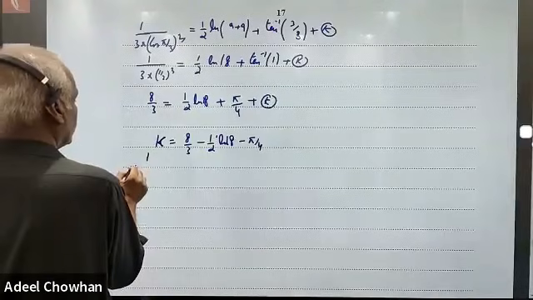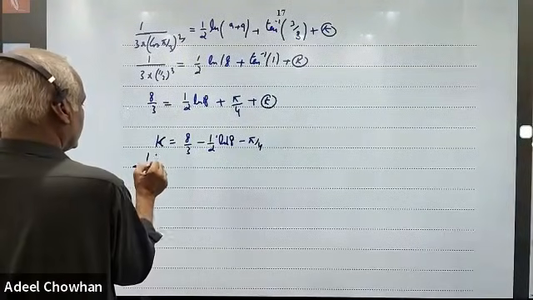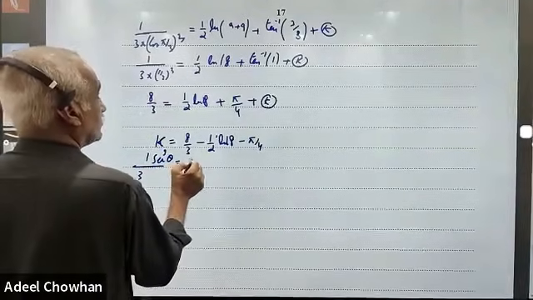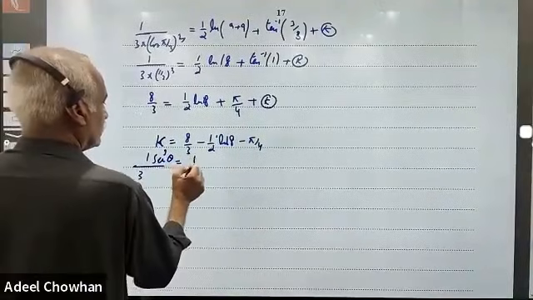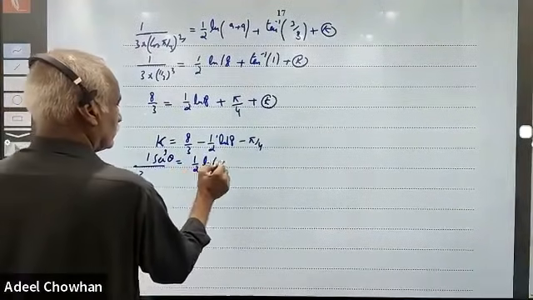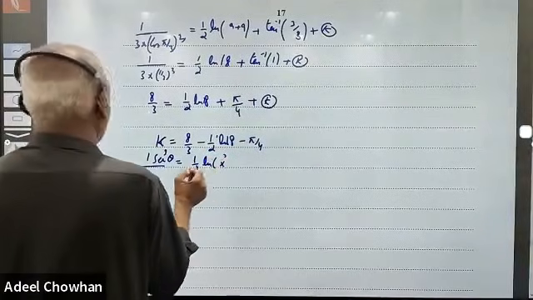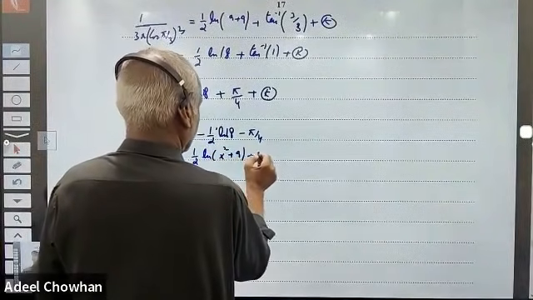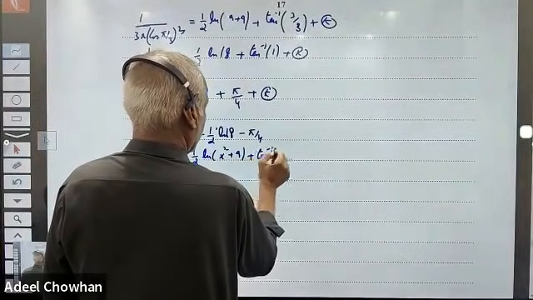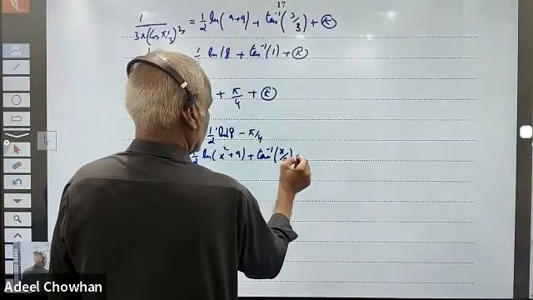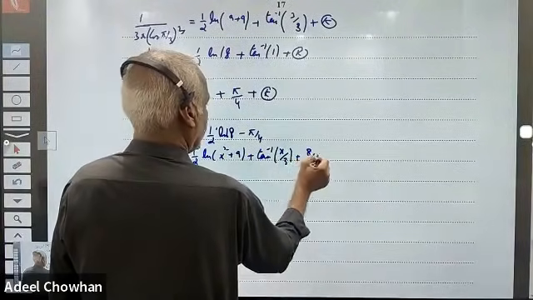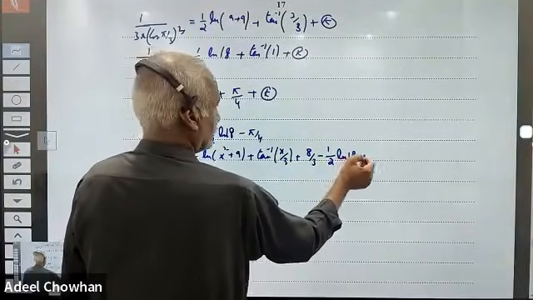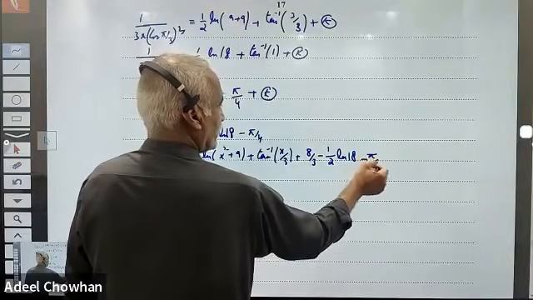So 1 over 3 secant cube theta is equal to 1 over 2 ln of (x square plus 9) plus 8 by 3 minus 1 by 2 ln of 18 minus pi by 4.